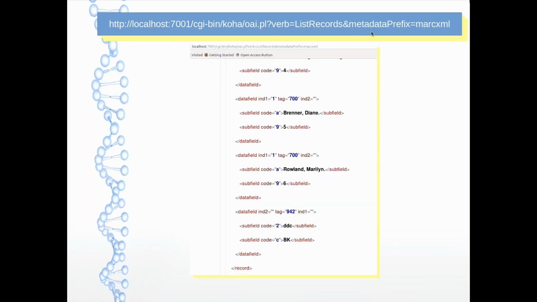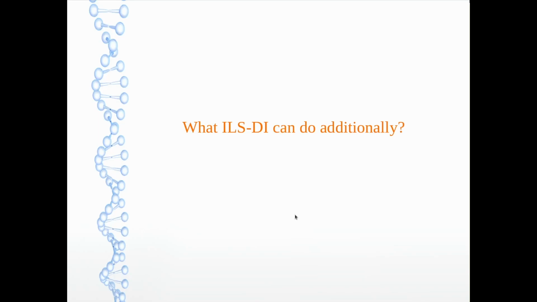But if we use the metadata format as MARC XML, it is much more comprehensive compared with OAI DC. Here you can have item related data in the 9xx tags of MARC, but not real time availability of that particular item in a library. So here we can utilize ILS-DI for some additional functionalities.